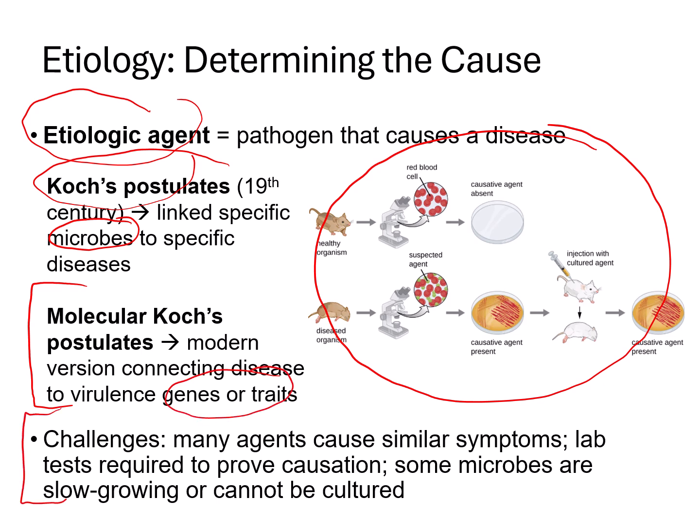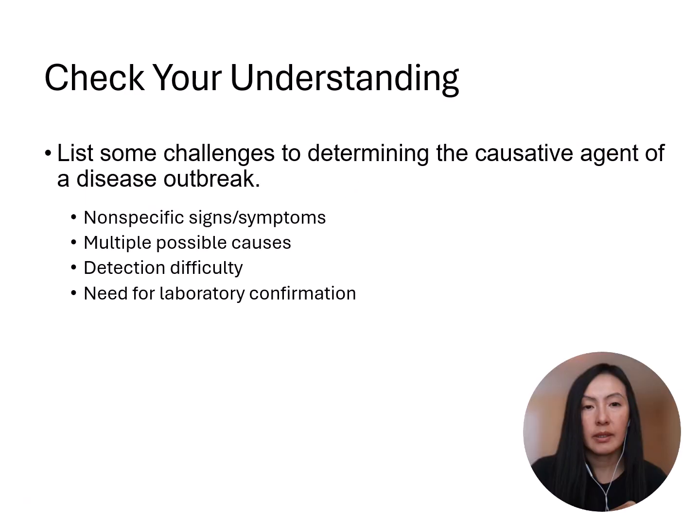But there are challenges, and these include overlapping symptoms, slow-growing organisms or organisms that can't be cultured, and the need for laboratory confirmation. This next checkpoint asks us to list some challenges to determining the causative agent of a disease outbreak. So they're asking us to think about why etiology, or determining the cause of disease, can be difficult.